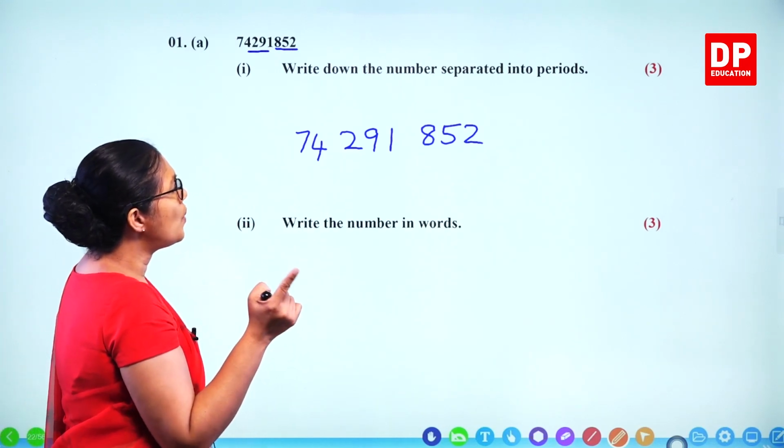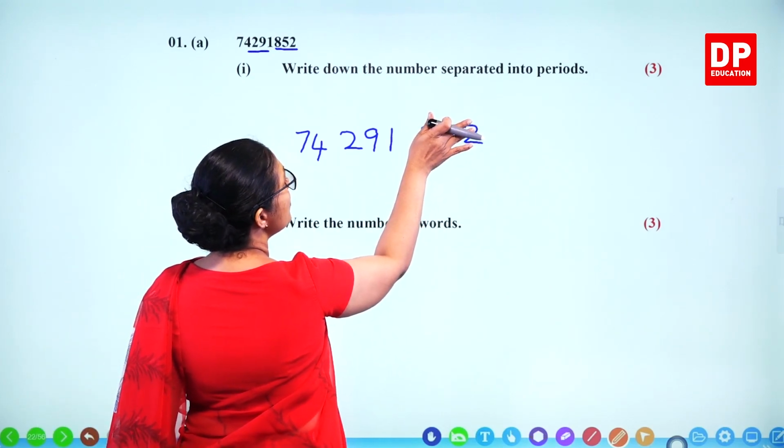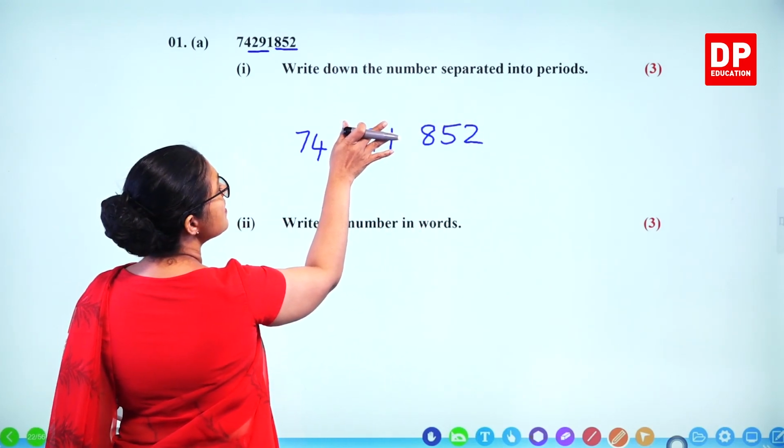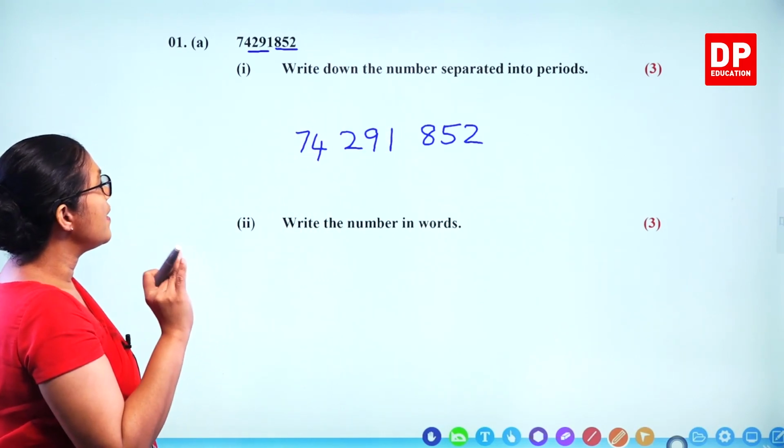Write the number in words. So when you take periods, this is units, then this is, what is this, 1000 and then million. 1000 period and million.